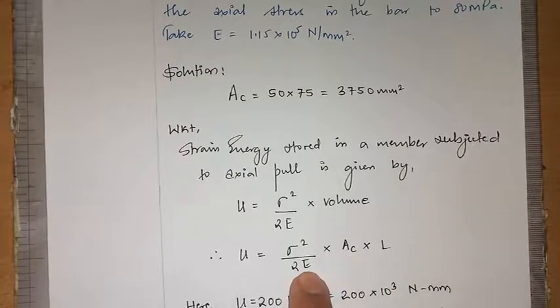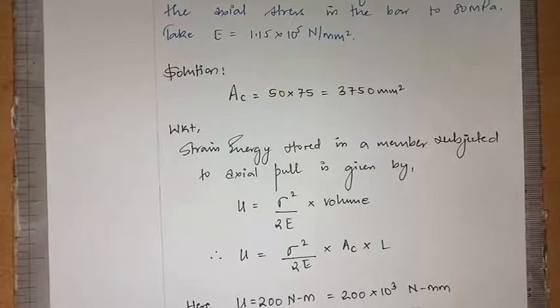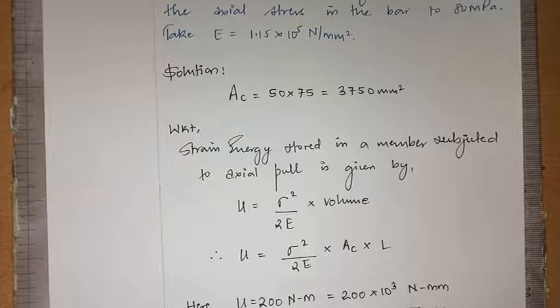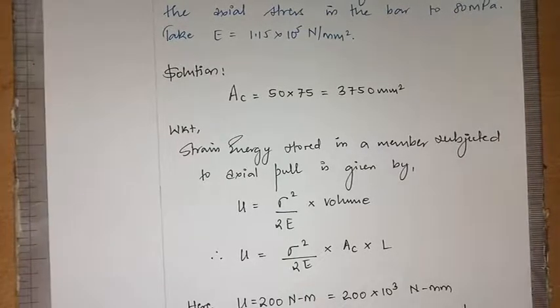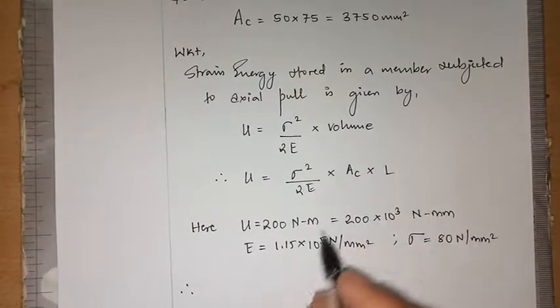Young's modulus is given in the problem, so E is 1.15 into 10 raised to 5 Newton per mm square. And the limiting stress sigma he has given as 80 MPa, which is 80 Newton per mm square. Therefore, only L will become unknown.